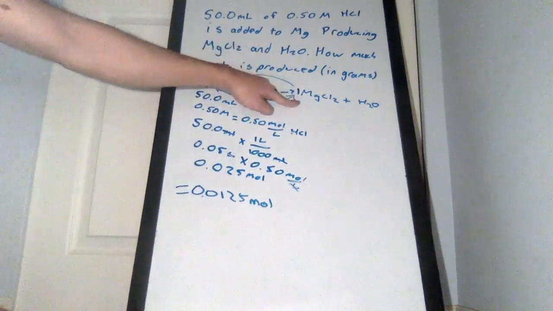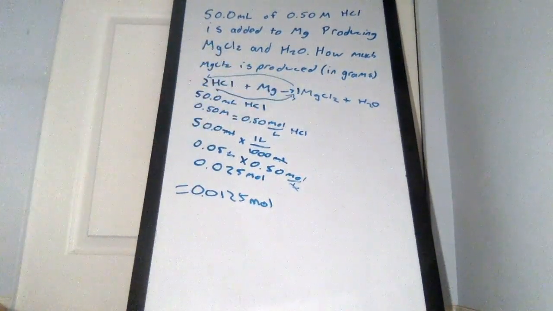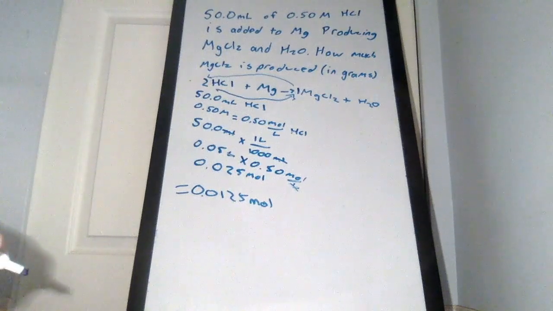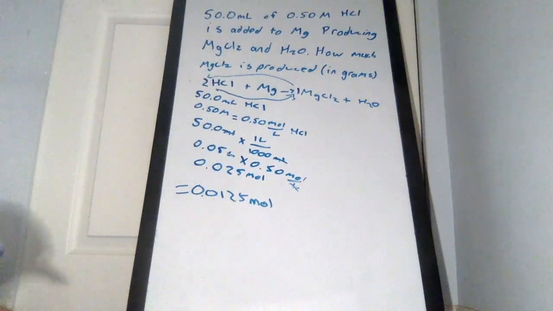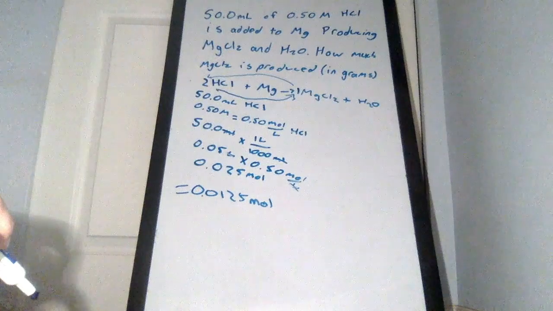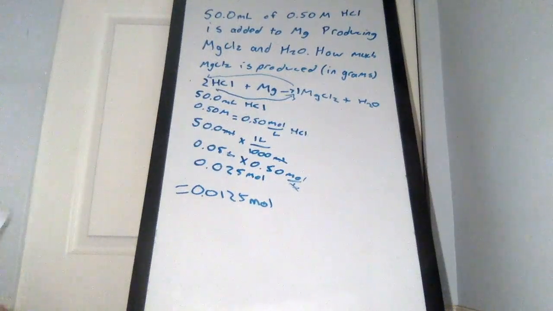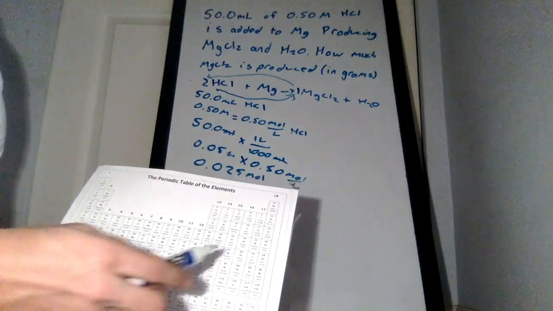of MgCl2. So now that we've converted it, we can multiply it by the molar mass of MgCl2, which is 95.3 grams per mole. To find this, look at the periodic table, such as this, and find Cl, which is here.